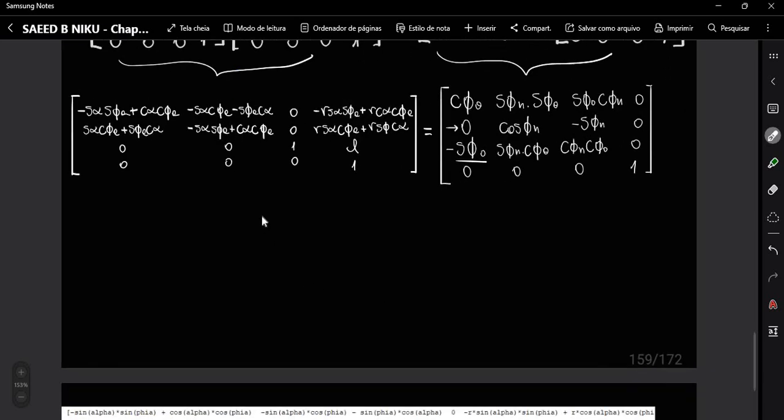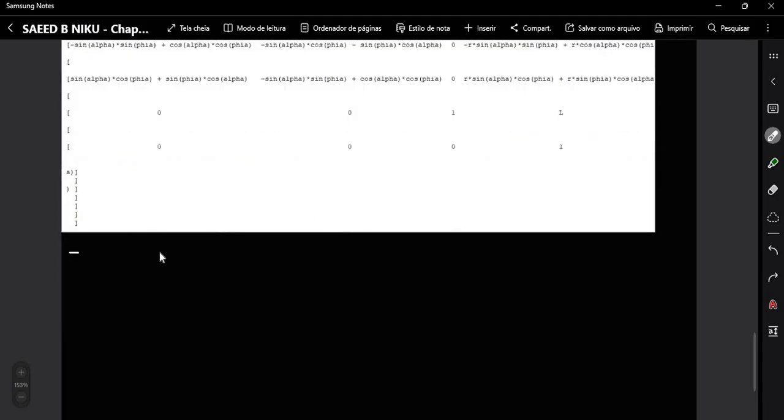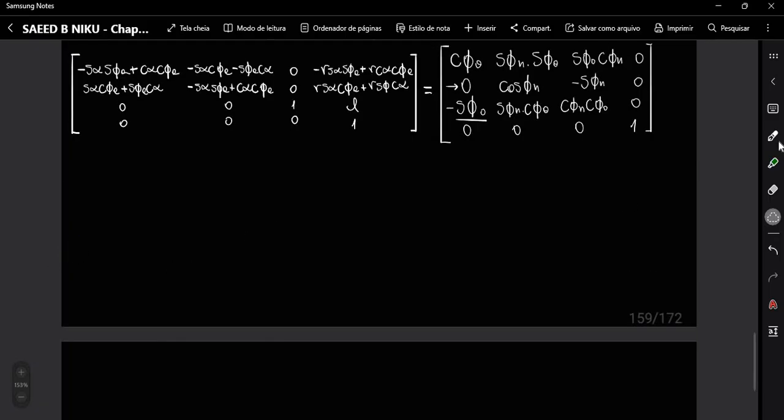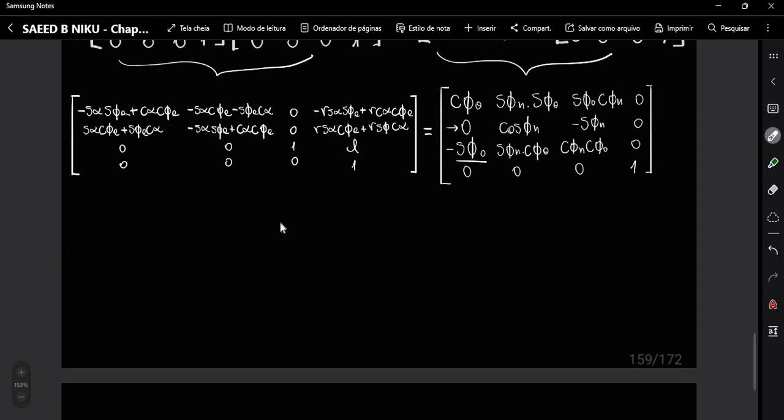And for each element of the matrix on the left side, we got a corresponding element on the matrix on the right side. And this way, we can construct equations.